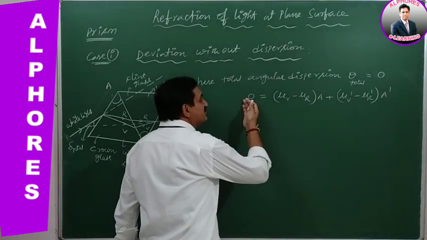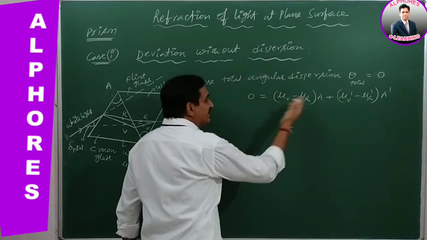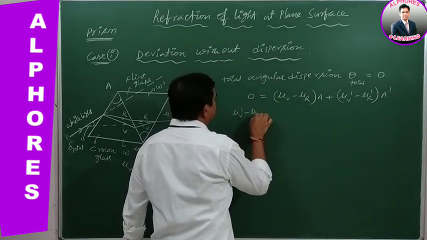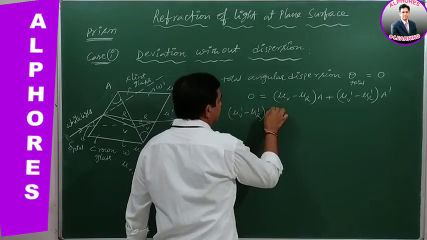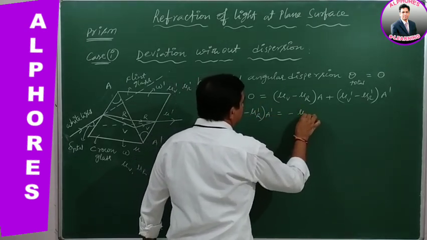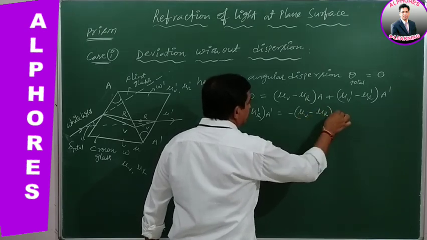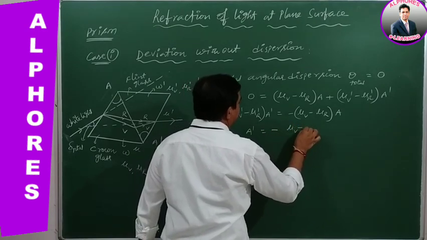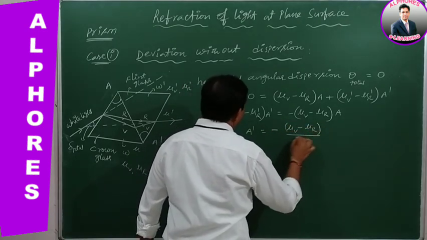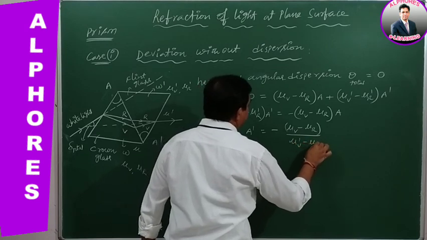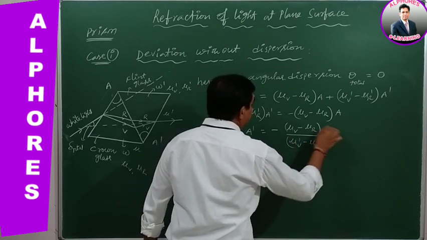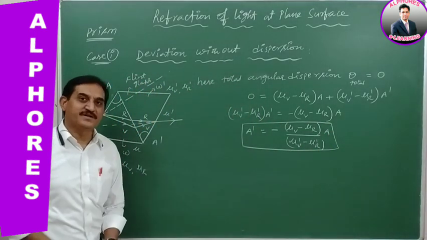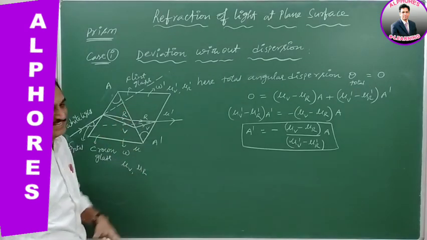So here the total angular dispersion formula is this one. I am putting theta total as 0, then simplifying that you will get mu v dash minus mu r dash into A dash equal to, taking this to the other side, minus mu v minus mu r into A. Then A dash equals minus mu v minus mu r by mu v dash minus mu r dash into A. So this is the angle of prism for the second one, that is flint glass.